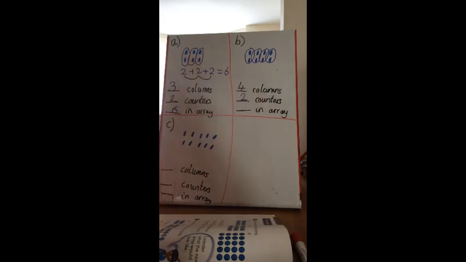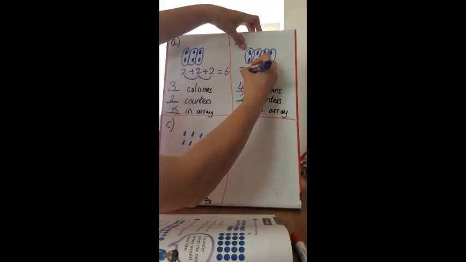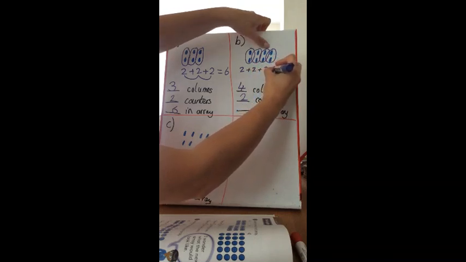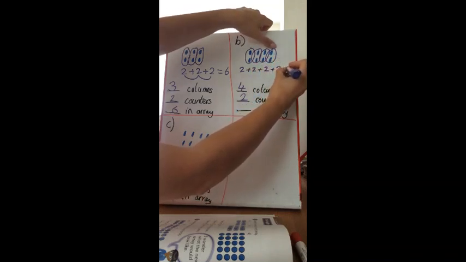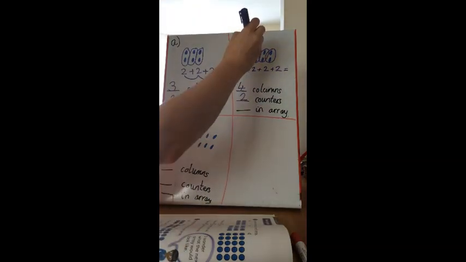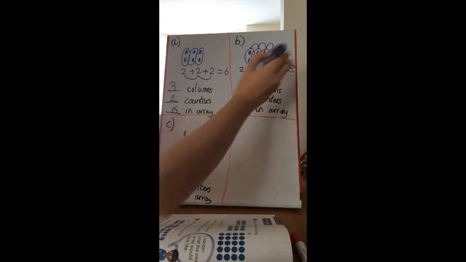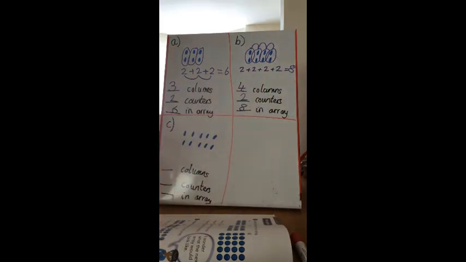There are 2 counters in each column. How many are there in this whole array? So we need to do 2, add 2, add 2, add 2 equals 2, 4, 6, 8. There are 8 in this array.